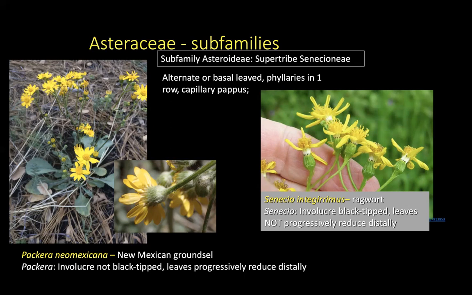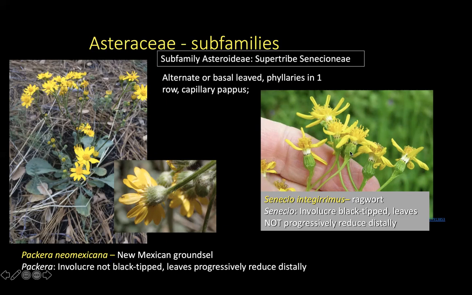Okay, here are two genera, Packera and Senecio, that are pretty large in the West, and they're really easy to get confused. This group, they share all having phyllaries in one row.